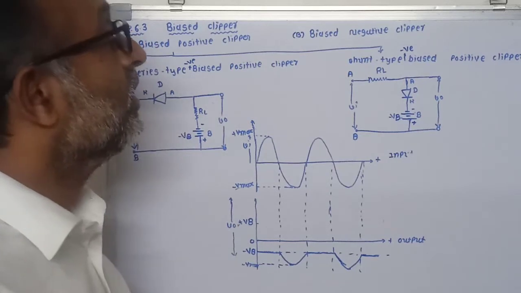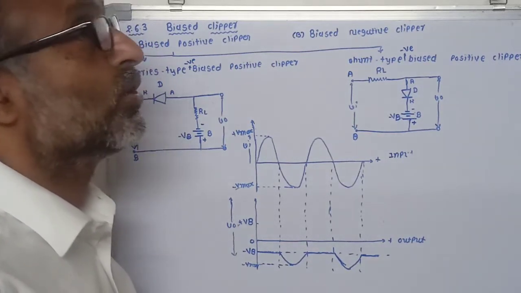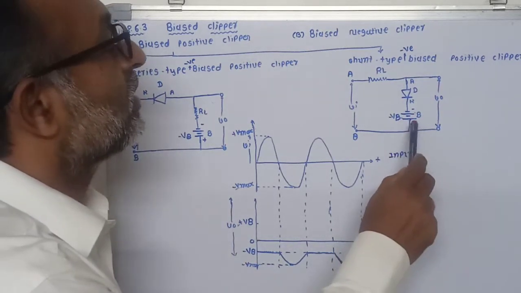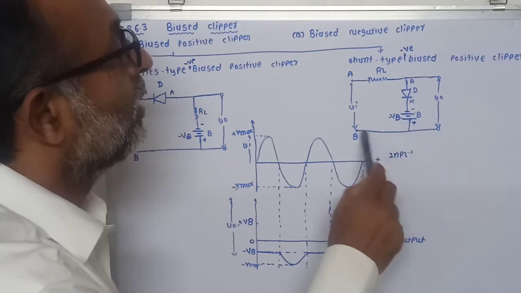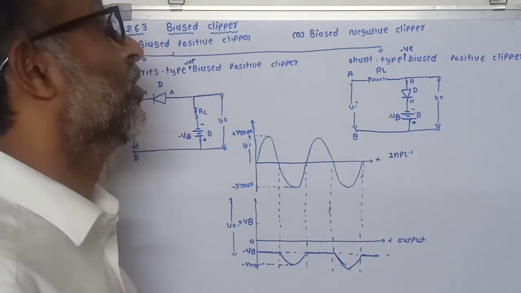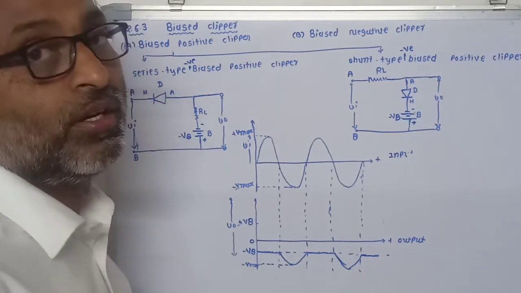In this condition, the diode is said to be in reverse bias condition. So it acts as an open circuit. Now in this case, due to the battery, the positive terminal is connected to the anode and the negative terminal is connected to the cathode. So in this condition, the diode is forward biased.